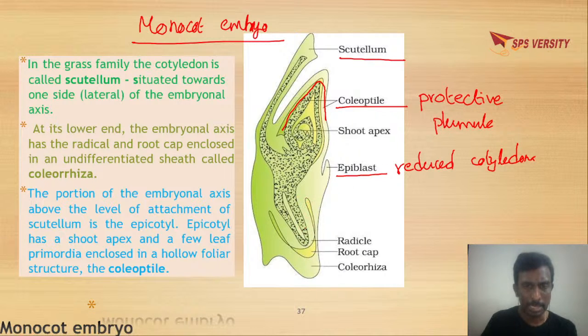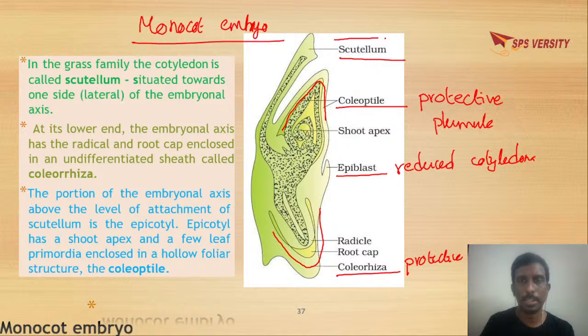Whereas the radicle is protected by a protective sheath-like structure called the coleorhiza. So the radicle is protected by the coleorhiza, the plumule is protected by the coleoptile, and the single cotyledon present is called the scutellum. In monocots like grass and wheat, only one cotyledon is present, which is called the scutellum.